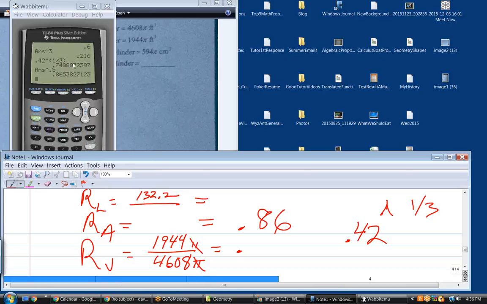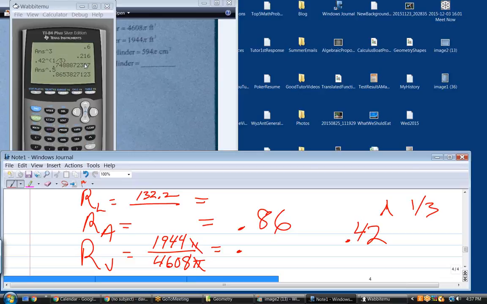Oh, I didn't mean to take the square root of that. I meant to square it. I apologize. I accidentally took the square root of it. And when you square that number, you're going to get something in the area of 0.5. But yeah, you need to figure out how to square and square root numbers on that calculator. You're not going to be able to do any of these problems until you get that down.